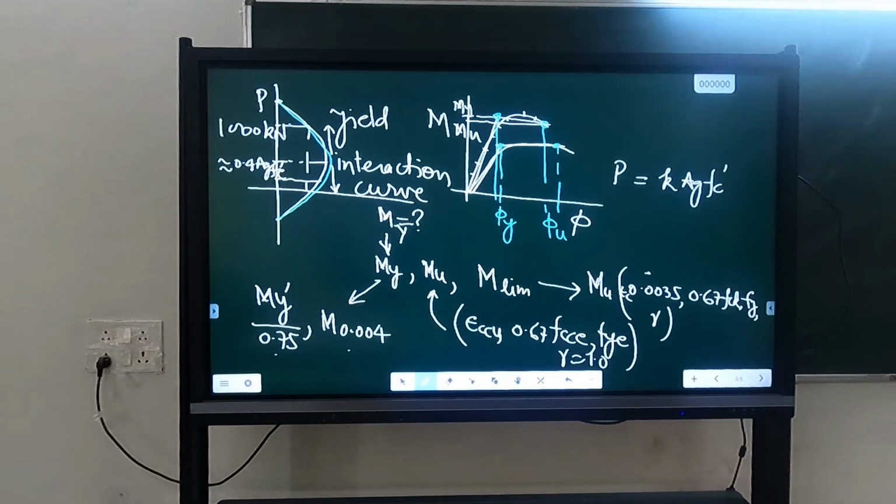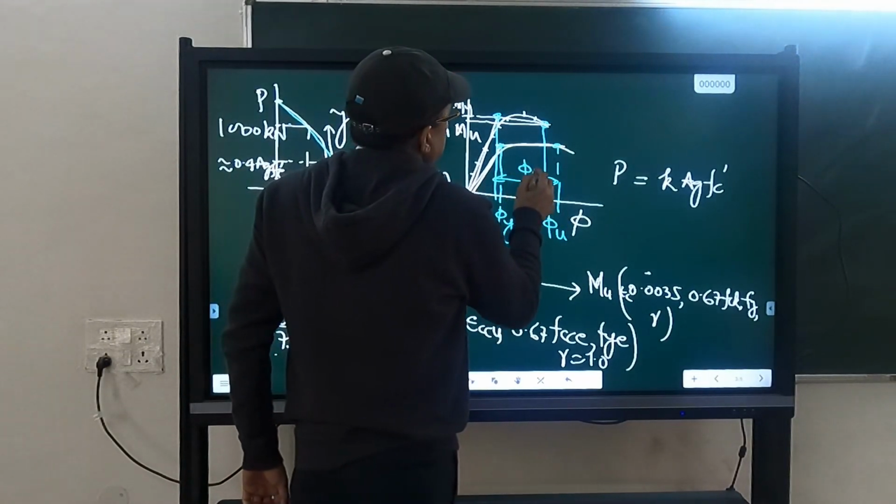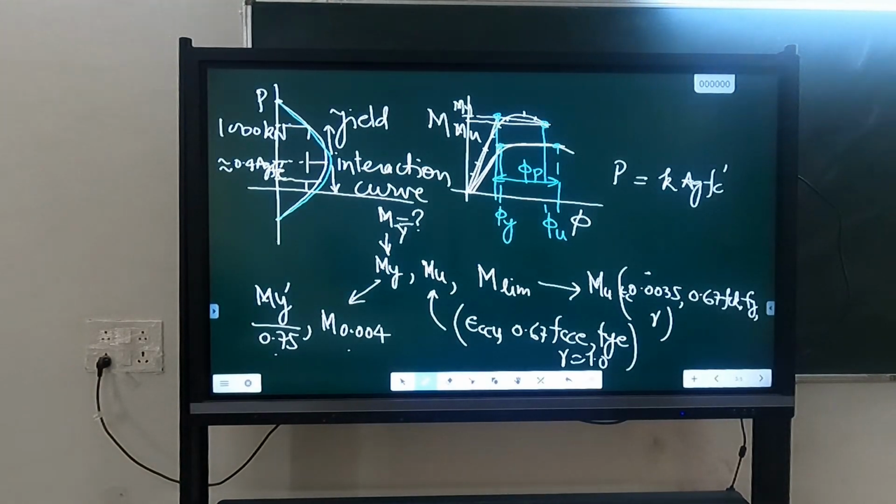Behavior is not linear. Here Mu may be similar, but still phi u is much larger than phi y. So linear behavior is only up to phi y. Beyond that, it is non-linear.